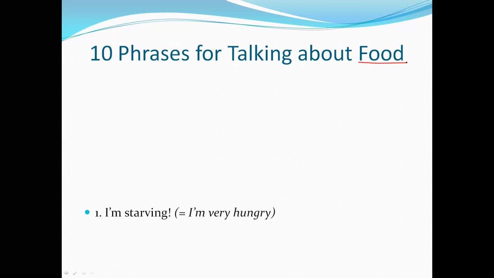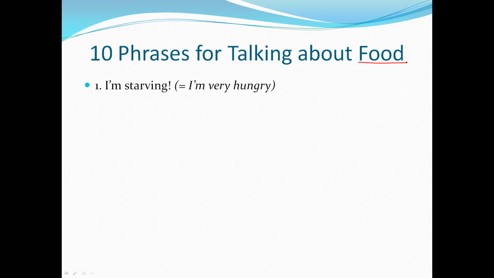First of all, you may say, I'm starving. What do you mean by starving here? If you check the meaning of starving in the dictionary, you'll find that it means someone who is dying out of food. But here it is not that you're dying for lack of food, but that you are hungry.